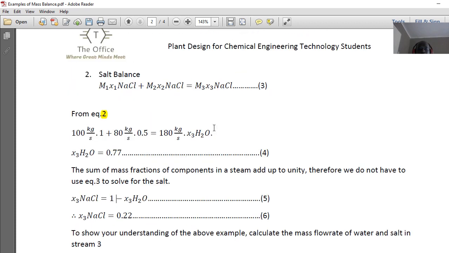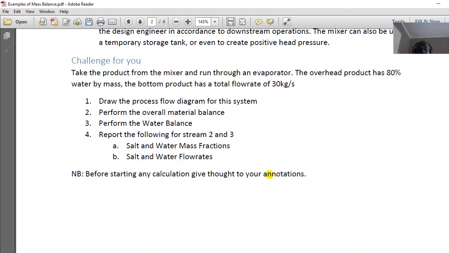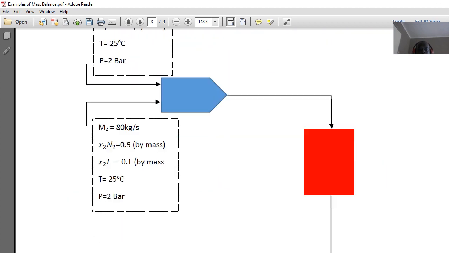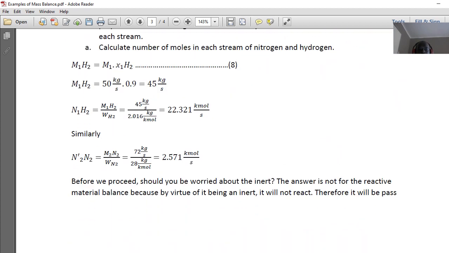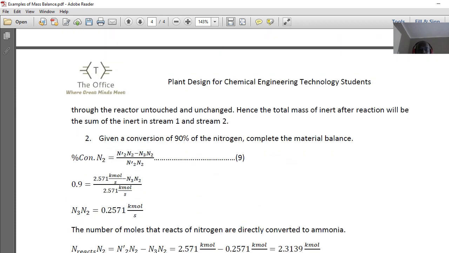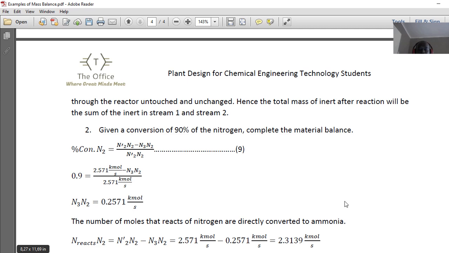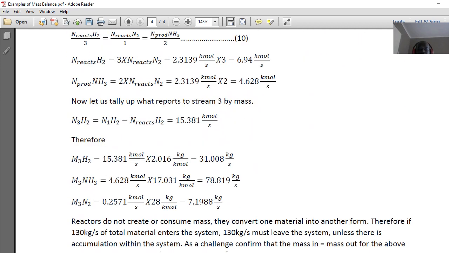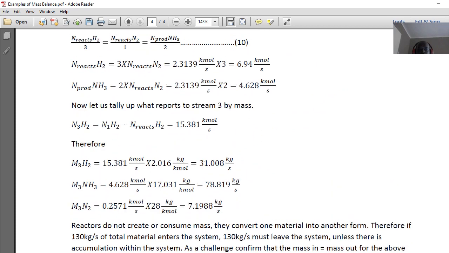And we had previously calculated our N3 nitrogen. Our N3 nitrogen, where was it? Our N3 nitrogen is 0.257. We can now tally everything up and report it by mass. So that's what we're trying to do here.